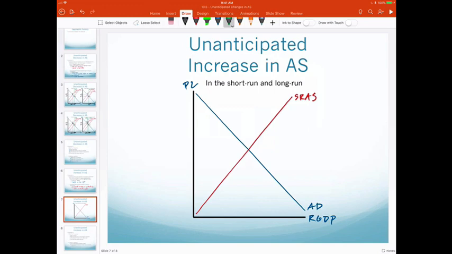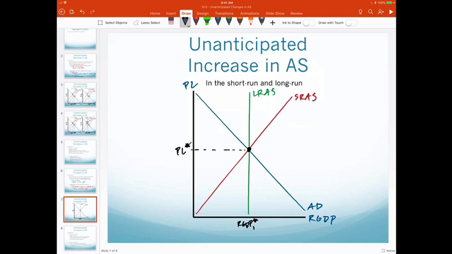And our long run aggregate supply, LRAS. And our economy initially is in equilibrium with this price level, PL star, and real GDP star, and we'll call it 1.